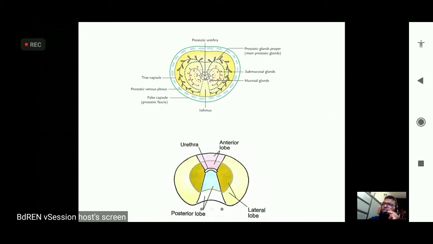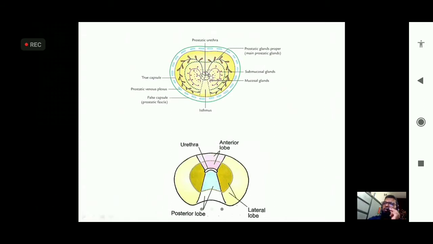So this substance can normally enlarge, and that is not harmful if it is not blocking the passage of urine, or else it is very common. It is said to be as common as the graying of hair in males. Similarly, the enlargement of the prostate after 50 is very common in males.